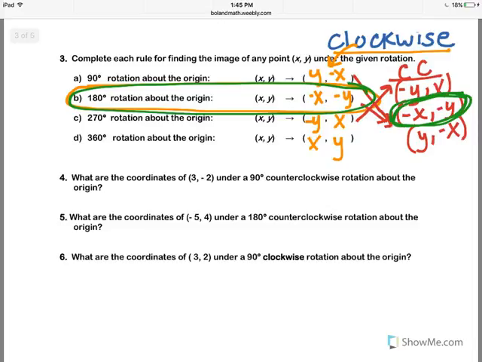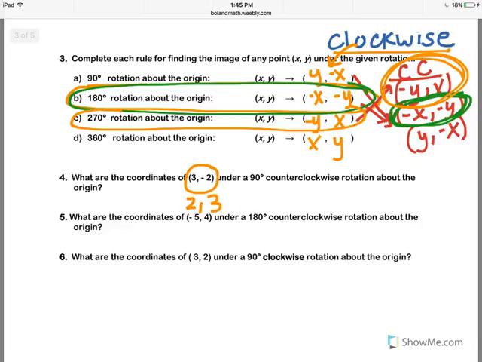As you can remember, counterclockwise 90 is the same as 270 clockwise. So we're going to take these coordinates and switch positions. So now 2 would be over here and 3 would be over here. And then we're going to change the sign on the y. So now it's positive. And that's all you do. So you went from (3, -2) to (2, 3).